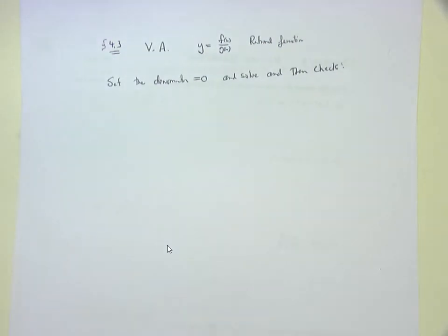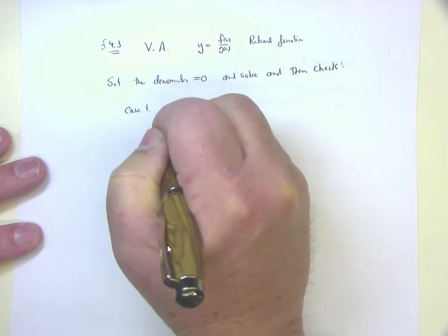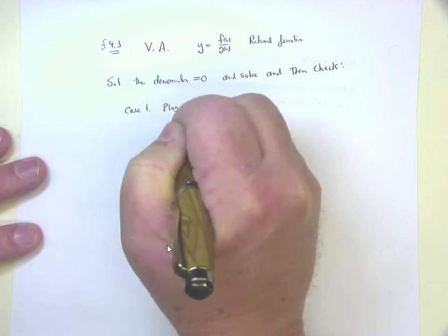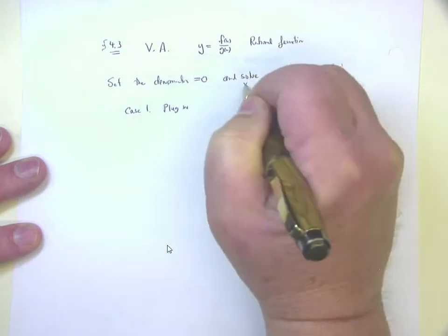To check this, there are two cases. Case one: you plug in the number. You set the denominator equal to 0 and solve. Let's say you get x equals a.